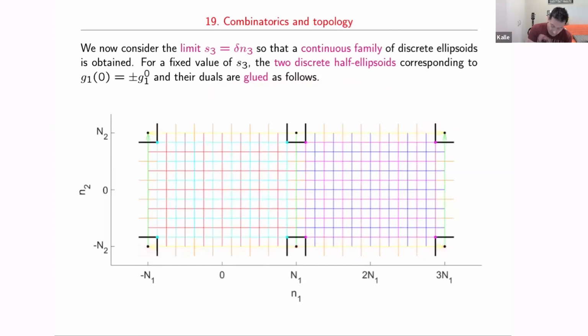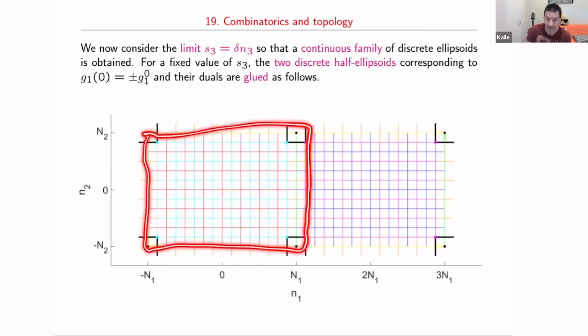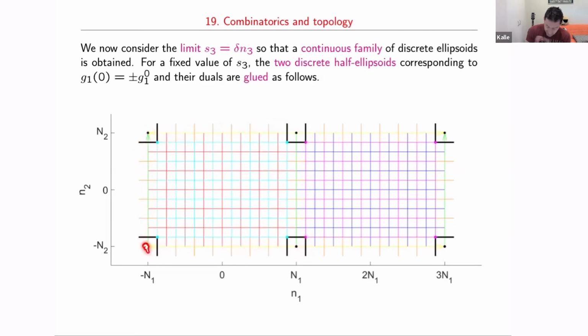So what we're basically doing is we're taking two rectangles and gluing them along the edges. That's the combinatorics. And so you get topologically a sphere. And those corners are exactly the discrete analogues of the umbilic points.